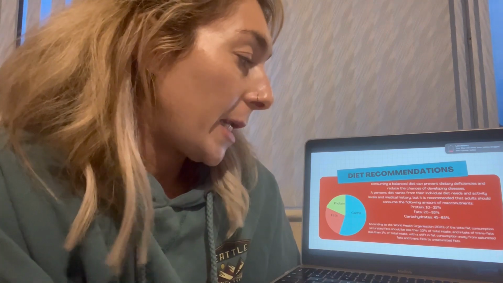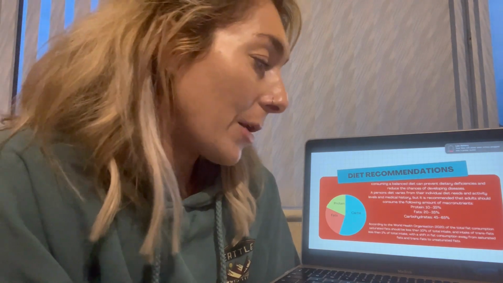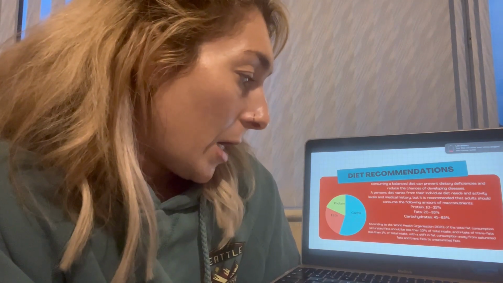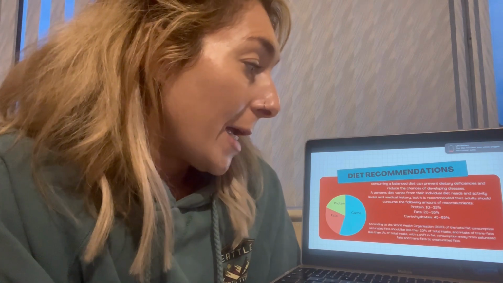Within that fat percentage, you should be consuming less than 10% from saturated fat, and trans fat should be less than 1% of total fat consumption.